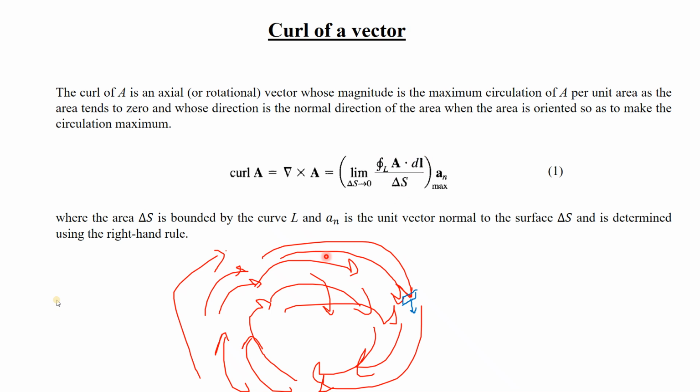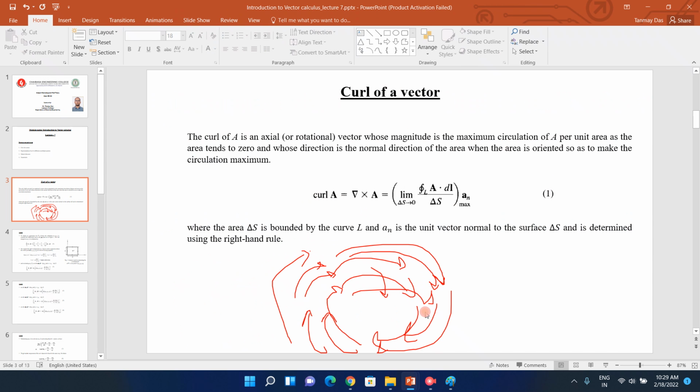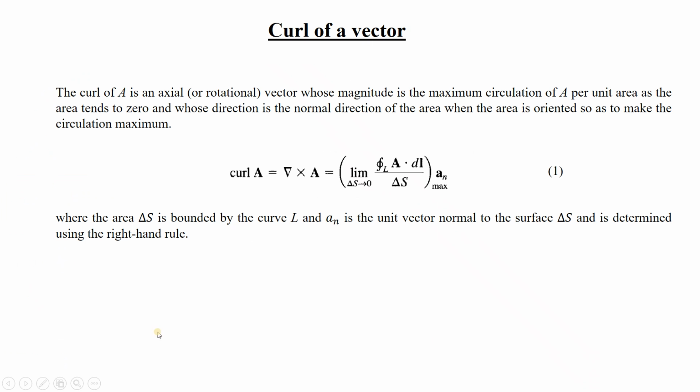So the equation is the same thing. In this case, we call it the total closed line integral. Why total line integral? Because if I redraw it for you, there is a vector A, it is circulating.